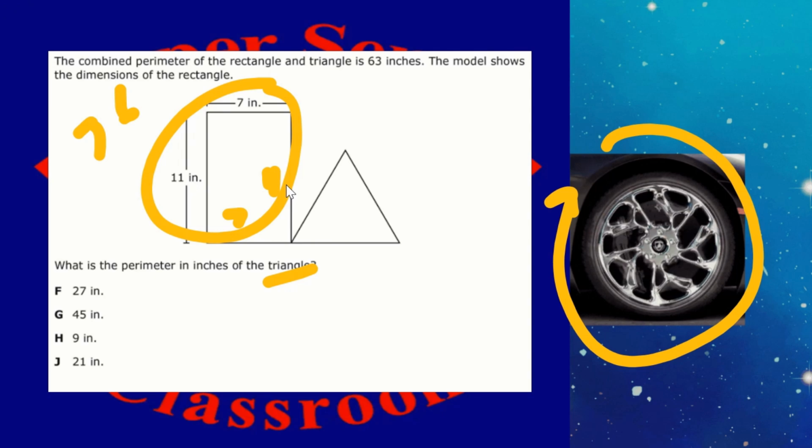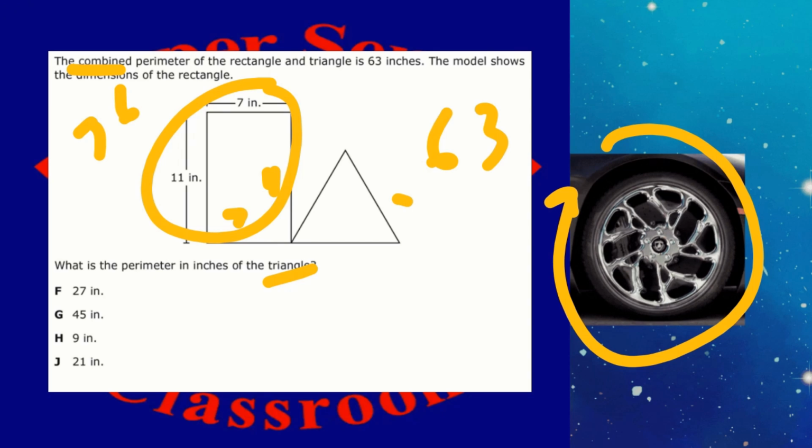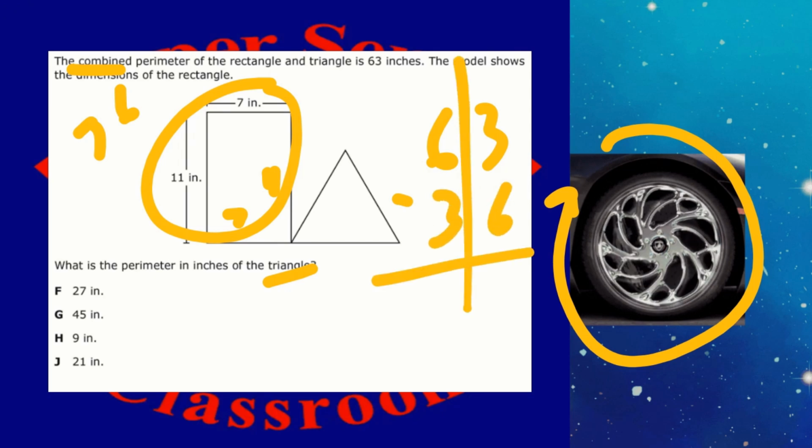So now, let's subtract from 63, because remember, combined is together. If they want it separate, we have to do the opposite. The opposite of combined, which is addition, is subtraction. 63 minus 36. All right. 3 minus 6, can't do that. So I got to borrow from my neighbor.